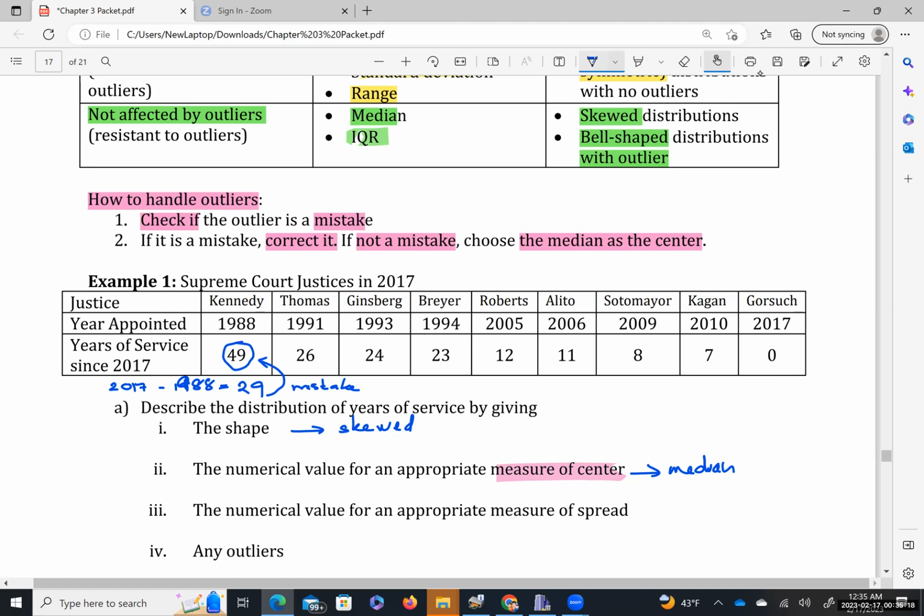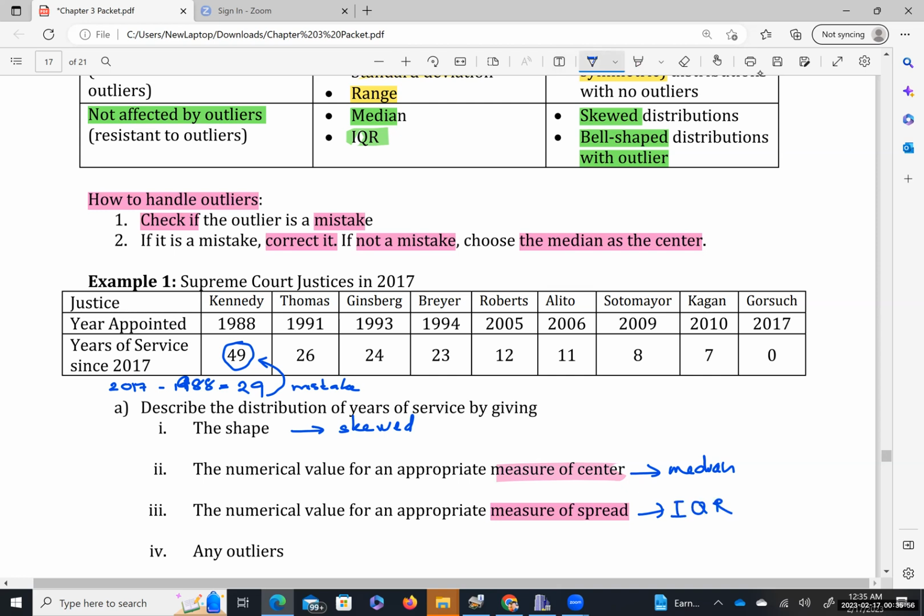Keep in mind that this is skewed because you can see that it's skewed to the right. It comes from the big numbers 29, 26, 24, 23, and then goes down to 0. So that's skewed to the right. And for the numerical value for an appropriate measure of spread, because this is skewed, you will use the IQR, right?